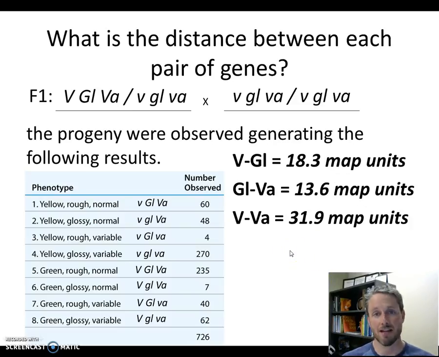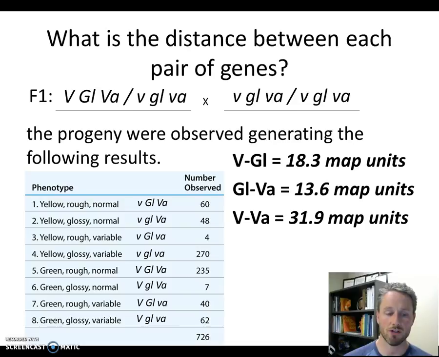So, if I was answering a question, I would write down the data like this. We just determined that the distance from V to GL is 18.3 map units. The distance from GL to VA is 13.6 map units. And the distance from V to VA is 31.9 map units. And we're finally done.